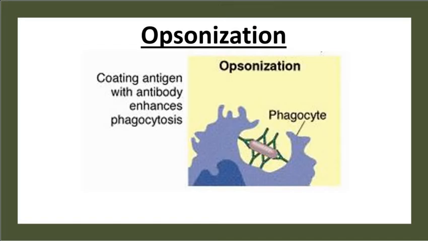This is similar to agglutination in that it improves phagocytosis, but this is where the antibodies actually will attach to the pathogen, the disease causer, whether we're talking about bacteria or viruses, protists, whatever.